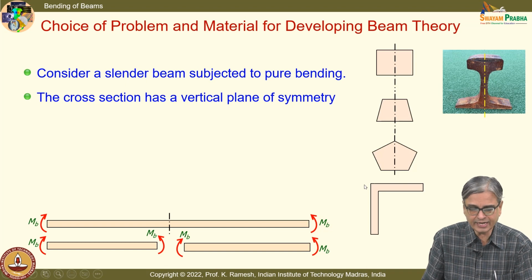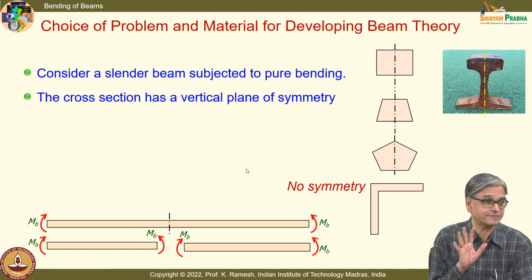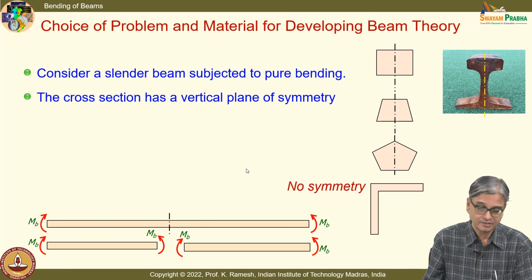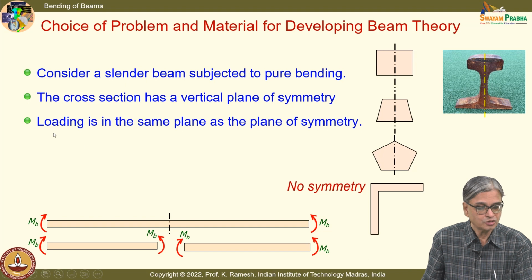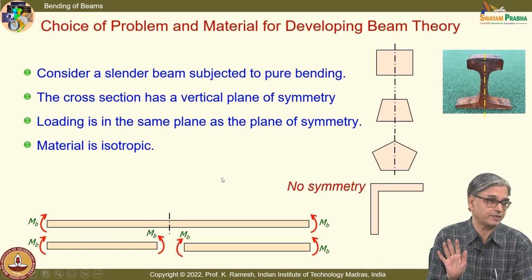On the other hand, when I apply the load along the centroidal axis to a section like this, which has no symmetry, you would find when I apply the vertical load, it will bend as well as twist. We will see that later. So, loading is in the same plane as the plane of symmetry, and the very important idealization is material is isotropic.